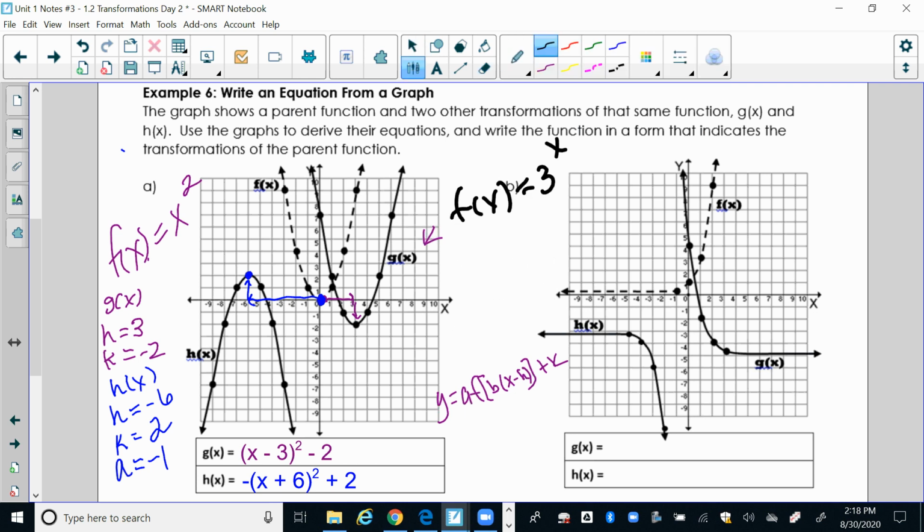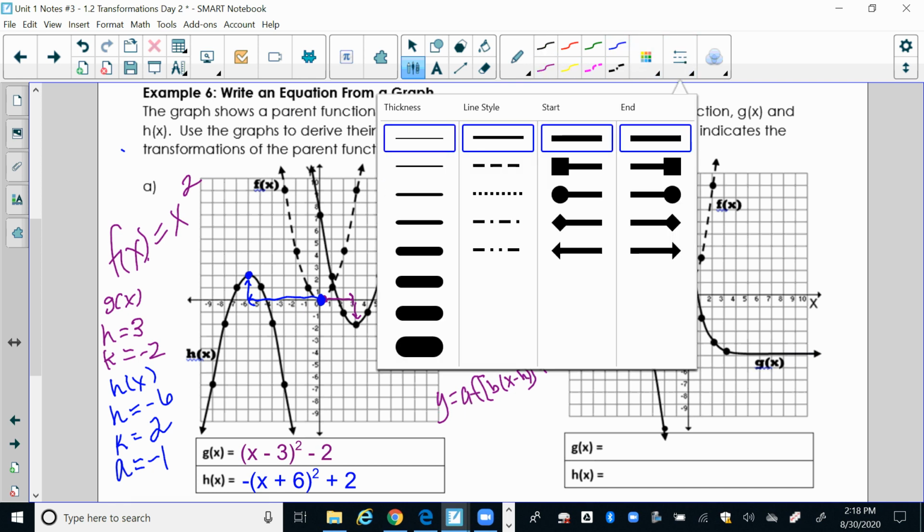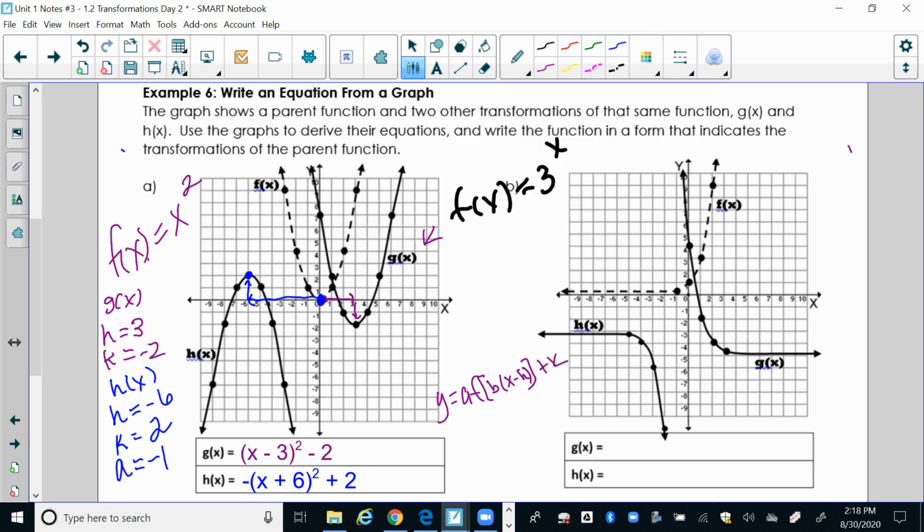So now let's take a look at what's happening to f of x. And let's start with g of x. When we're looking at exponential functions for horizontal translations and reflections, I think it's easiest to take a look at where our x and y axis shifted to, because that's what horizontal and vertical translations do, is they shift your x and y axis.